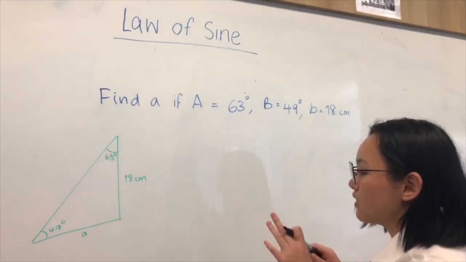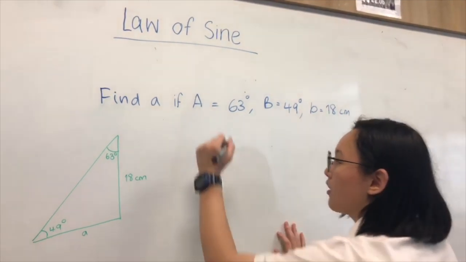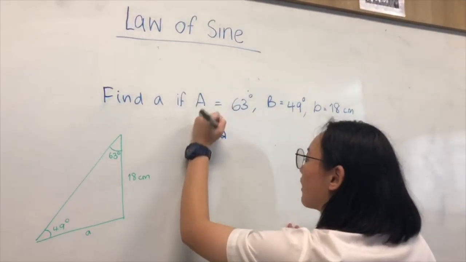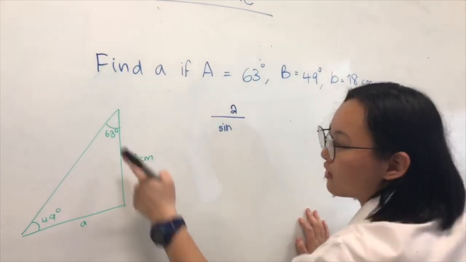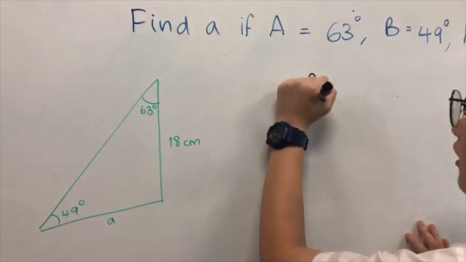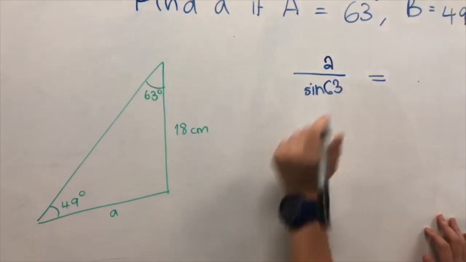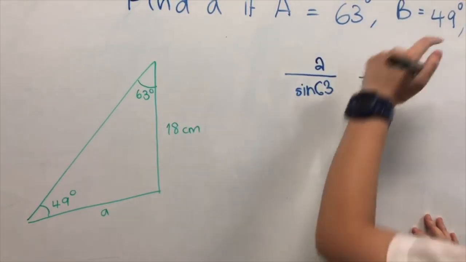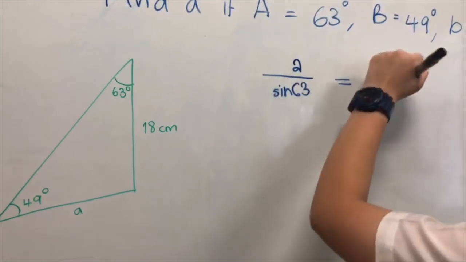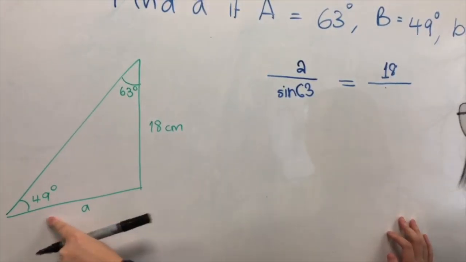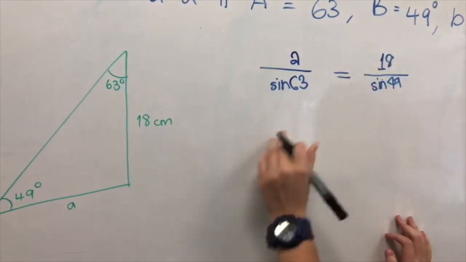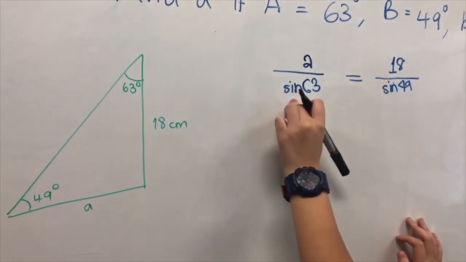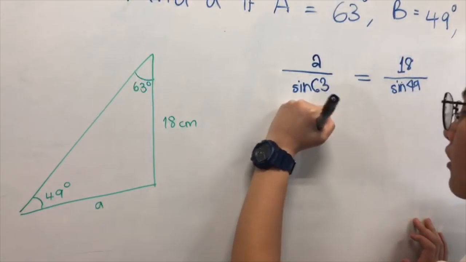I will be using this formula: A divided by sine A, which is 63, equals B, which is 18, divided by sine B, which is sine 49. And then we will multiply sine 63 to this side.